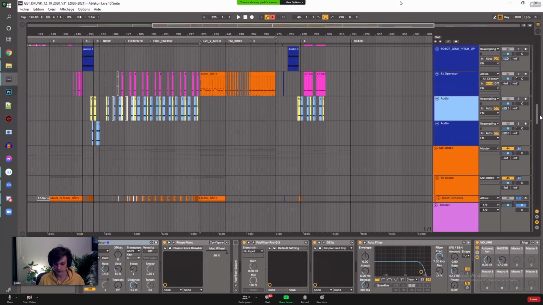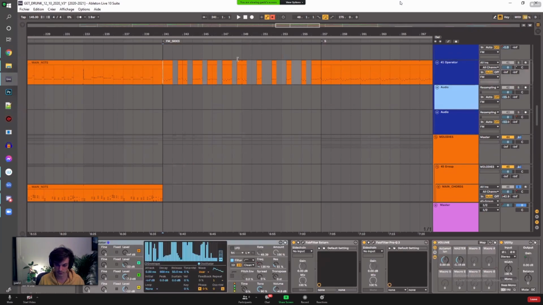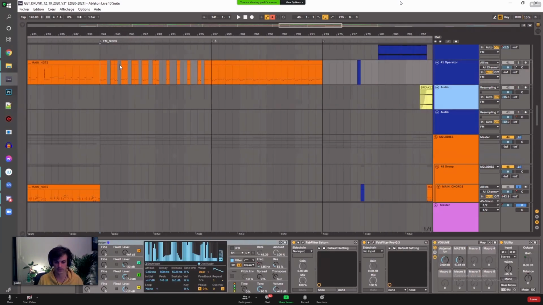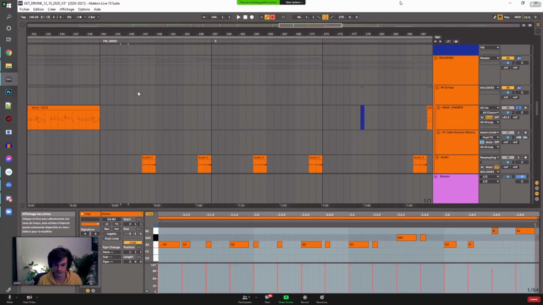And that's linked to Uncle's question earlier about how I have my FM and my main melody not clashing. That's because my FM is playing in G, on the root note of the overall track, with some variations of course.